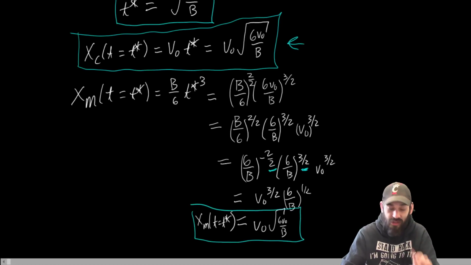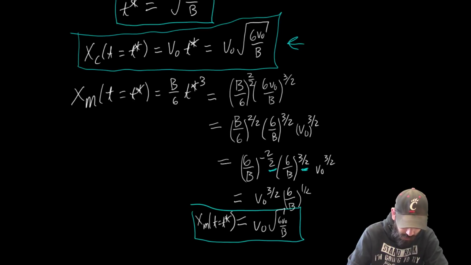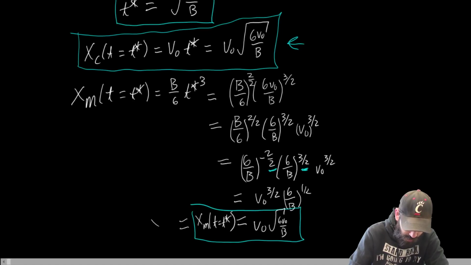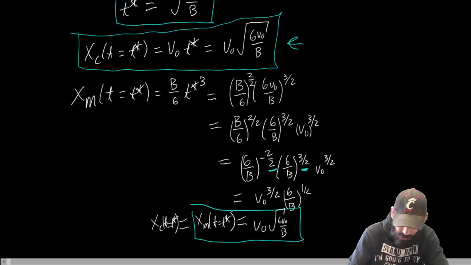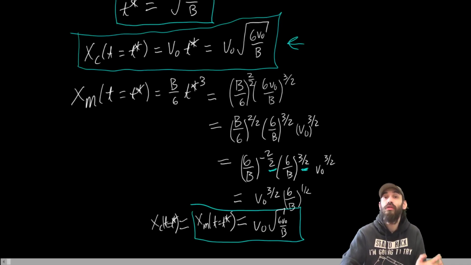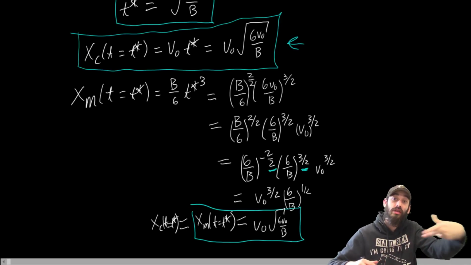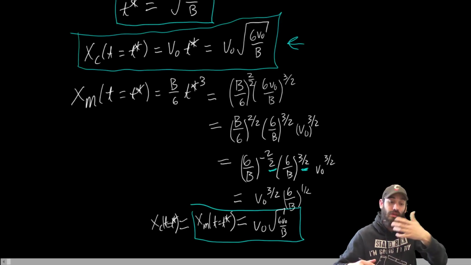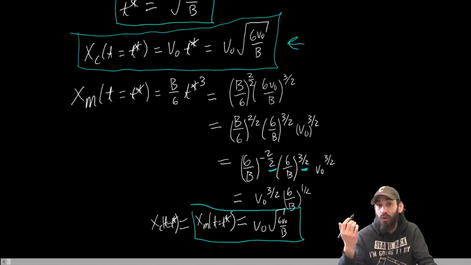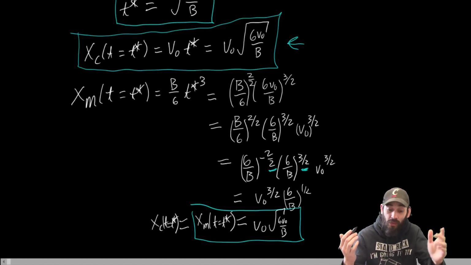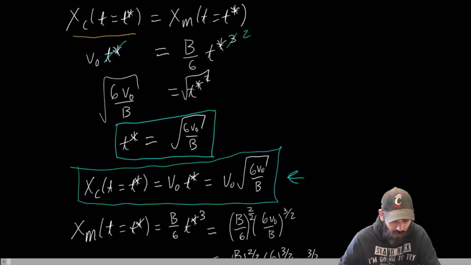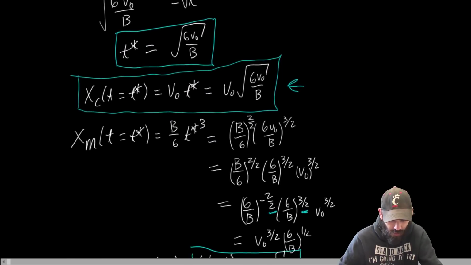And that's the same thing that we found for x sub c at t equal to T star. That's not an accident, right? Because we used that condition in order to find what T star is. And so if we plug T star into either the car equation or the motorcycle equation, we should get the same thing. Perfect. Okay, so that's that part.